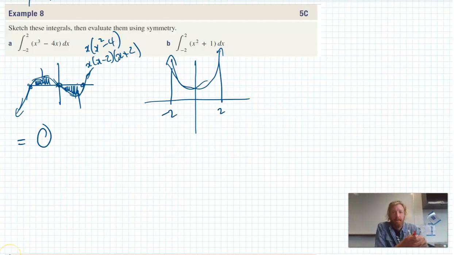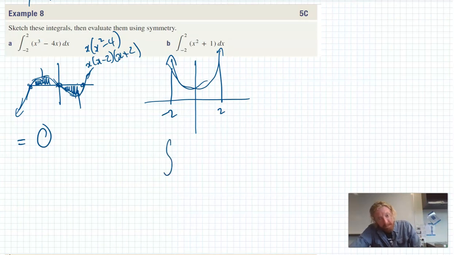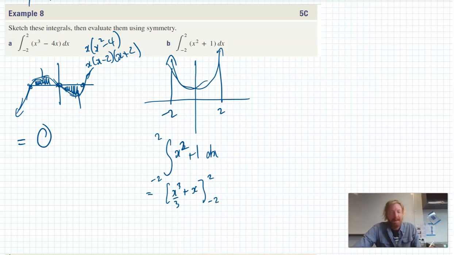Alright, so I'm just going to integrate this from minus 2 to 2 of x squared plus 1 dx. That will be equal to the primitive, x cubed on 3 plus x, from 2 to negative 2.